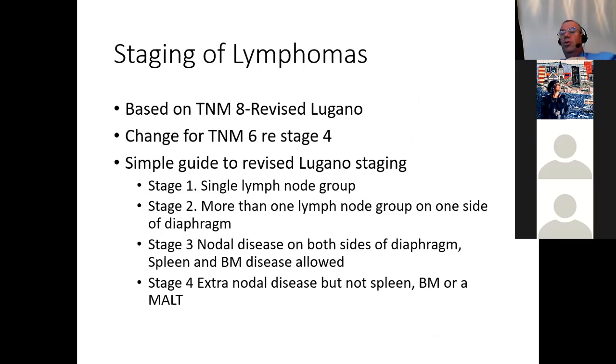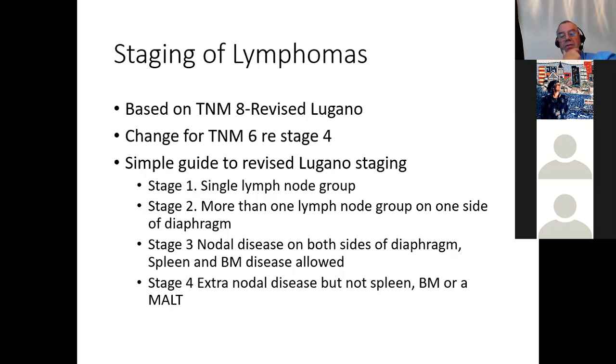Before the latest revisions, which started around 2008, 2009, stage 4 disease was disease above and below the diaphragm, but that's now moved to stage 3 if it's limited to the lymph nodes, bone marrow, and spleen. And one of the reasons for changing the staging was that PET picked up more disease than had been seen previously.